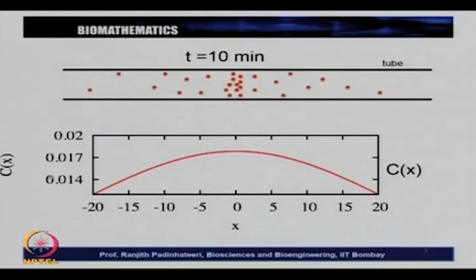If you plot the concentration as a function of x, far away the concentration is very less, and at the middle the concentration is large. Forget what the equation of this curve is, but there is some particular form, and the concentration can be represented by this particular graph.